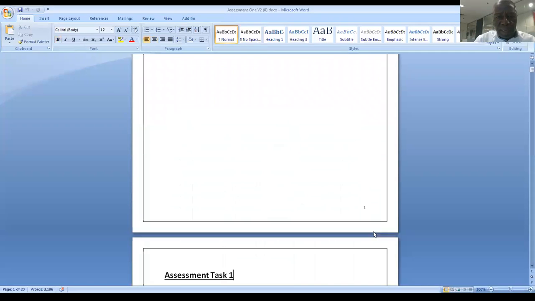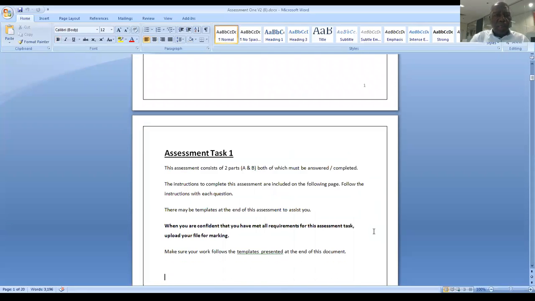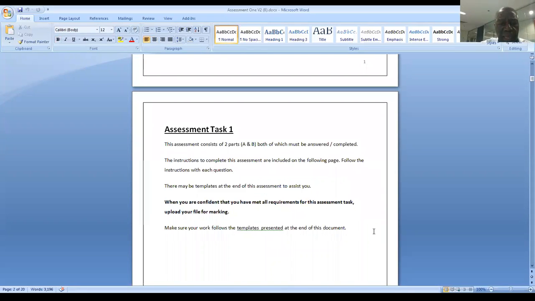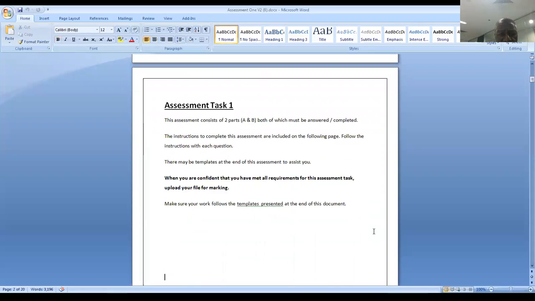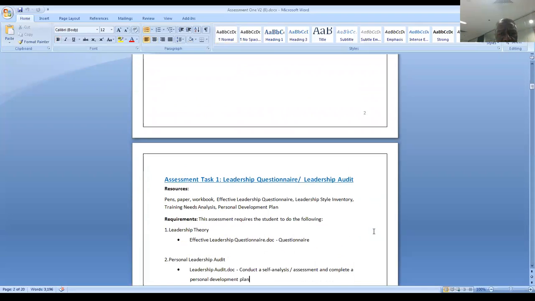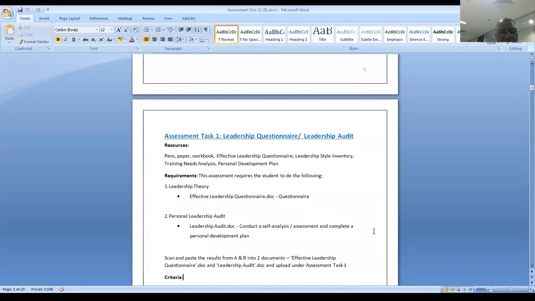Assessment task 1 has 2 parts, A and B, and the instructions to complete this assessment are included on the following page. So you need pens, paper, and a workbook. The effective leadership questionnaire is in here. These are the resources given: the leadership style inventory, the training needs analysis, and the personal development plan.